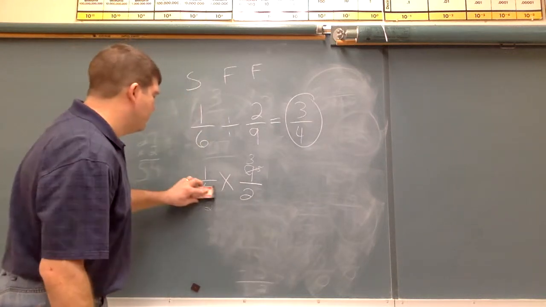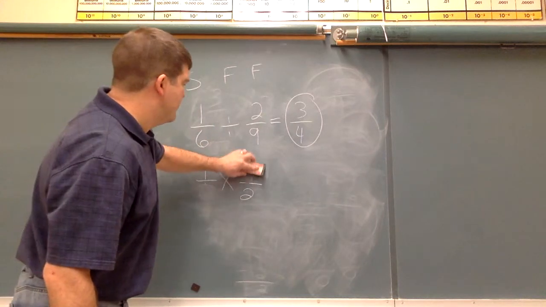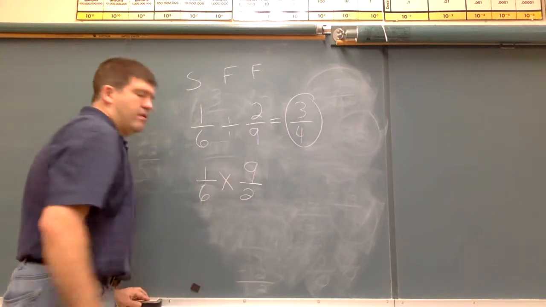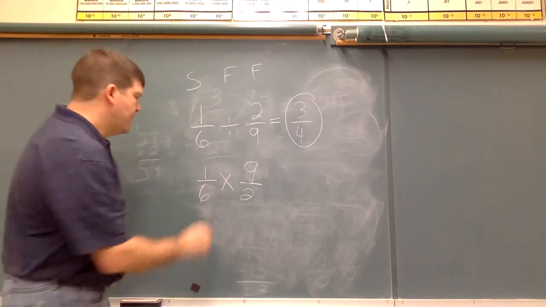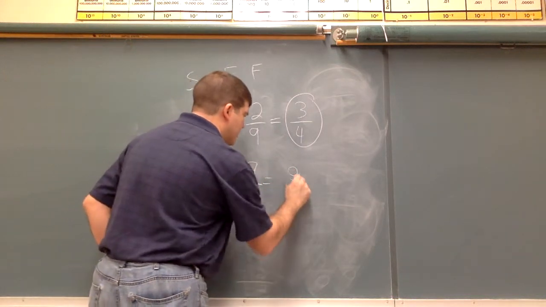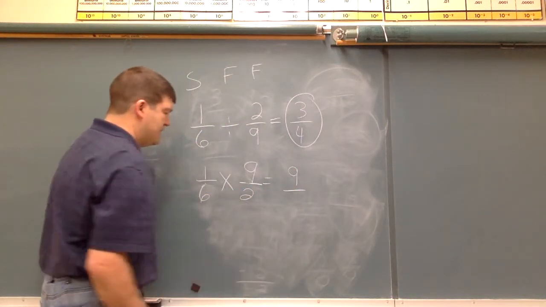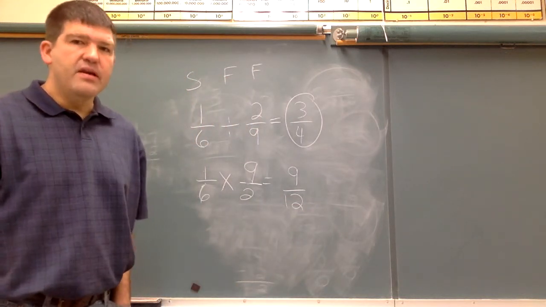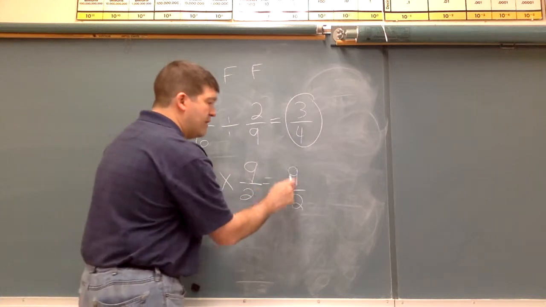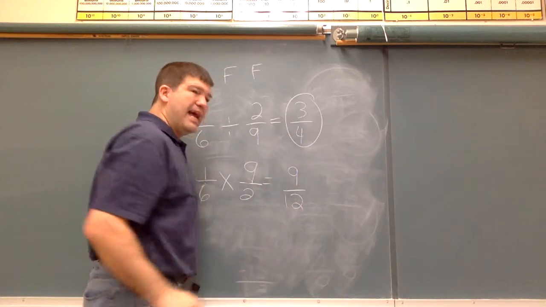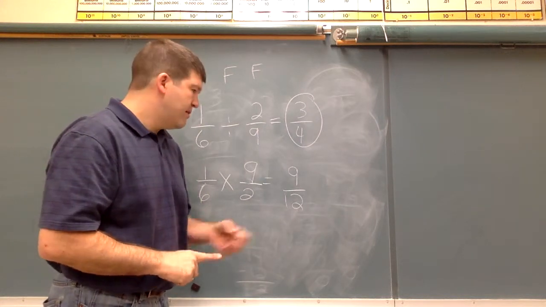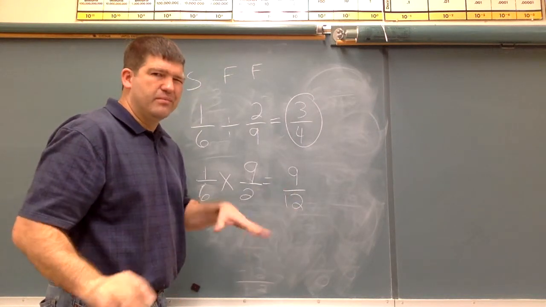Again, let me do this one more time without doing any cross canceling. So 1 times 9 is 9. 6 times 2 is 12. 9/12. But I got to think, can something go into each of these? Well, in 9, I can only have 1, 3, or 9. 9 doesn't go into here. 1 doesn't make sense.